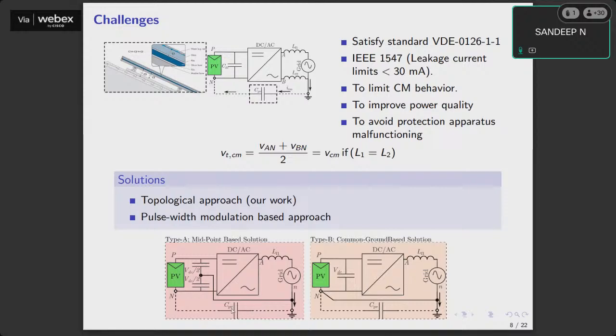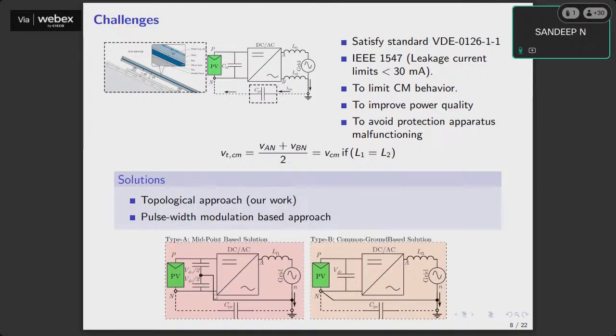So the voltage across the DC link capacitor has two components: one is the DC component, which is VDC by 2, and another is a 100 hertz ripple component, of very small value. Now this capacitor is going to act like an open circuit for the DC component, VDC by 2, and for the ripple frequency of 100 hertz.